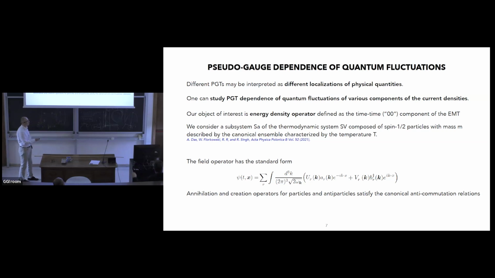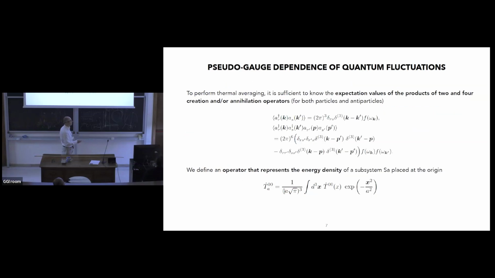And now you can use textbook material. You can define your field operator. You know what the annihilation and creation operators are for such a simple model, or whatever you call it. And now you can try to perform the thermal averaging.